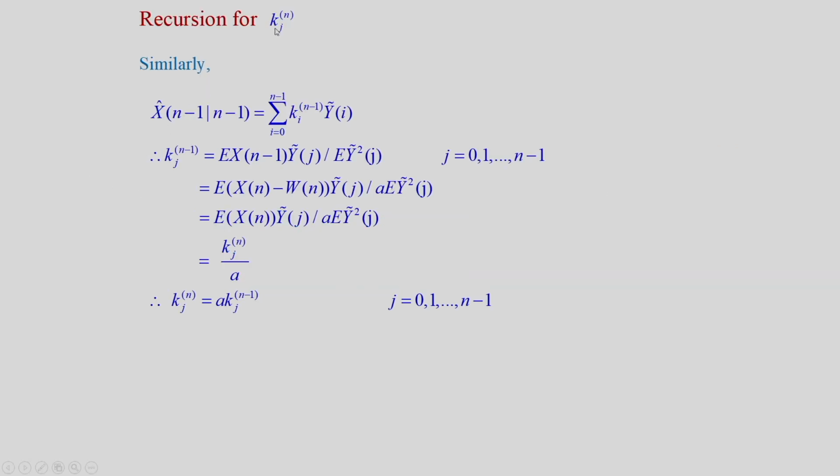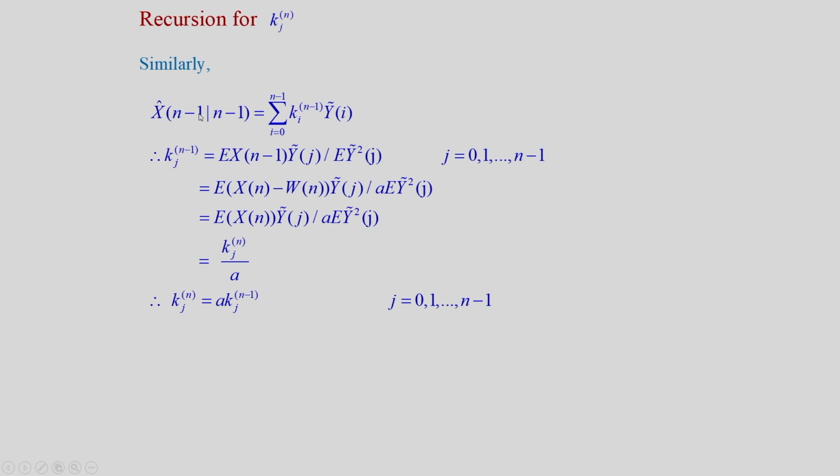Now, let us see how we can get a recursive relation for k j n, that is the Kalman gain.